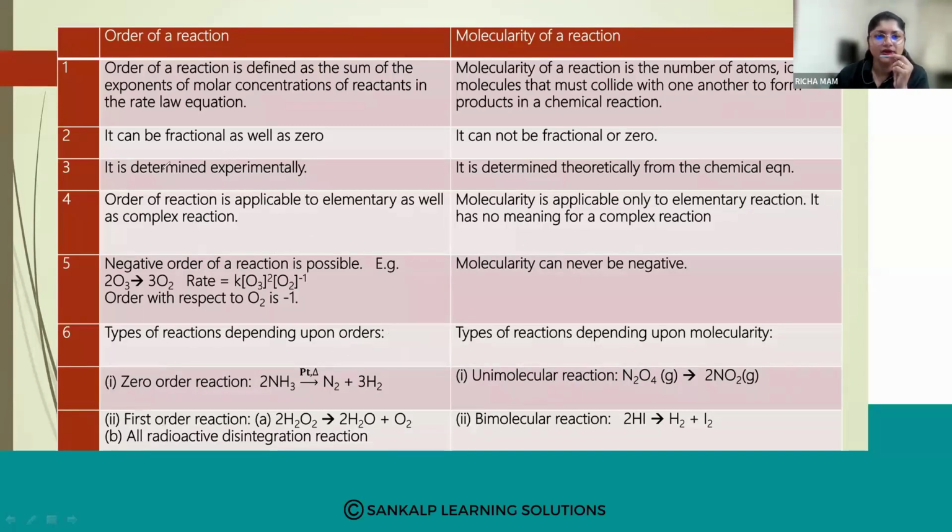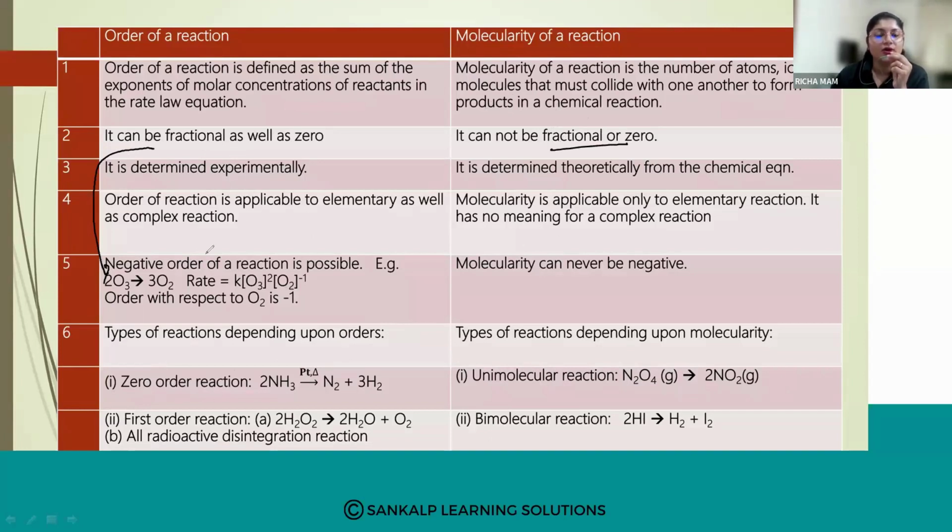So what you can do is combine this and this as one. It can be written as: molecularity is always a whole number, that is 1, 2, 3. Sorry, order of reaction can be 0 as well as a fraction, but molecularity of reaction cannot be fractional or 0.